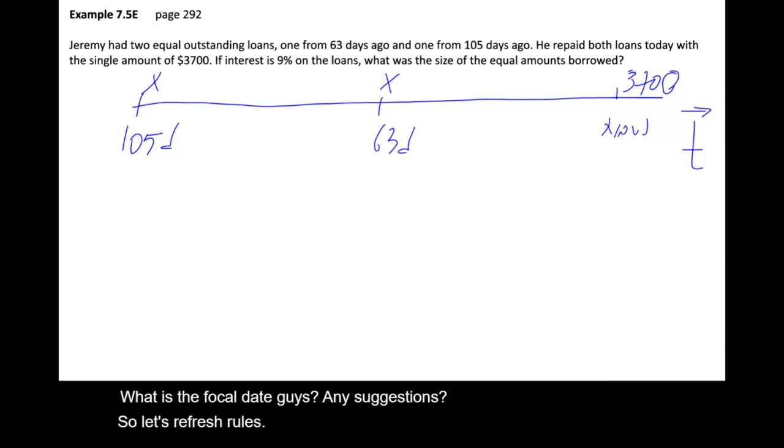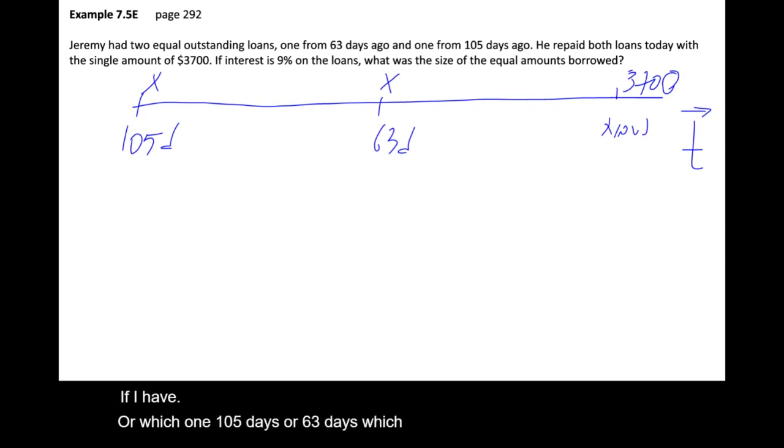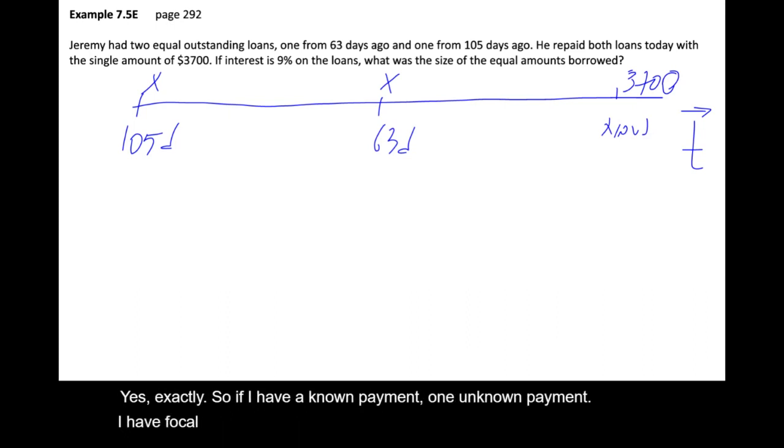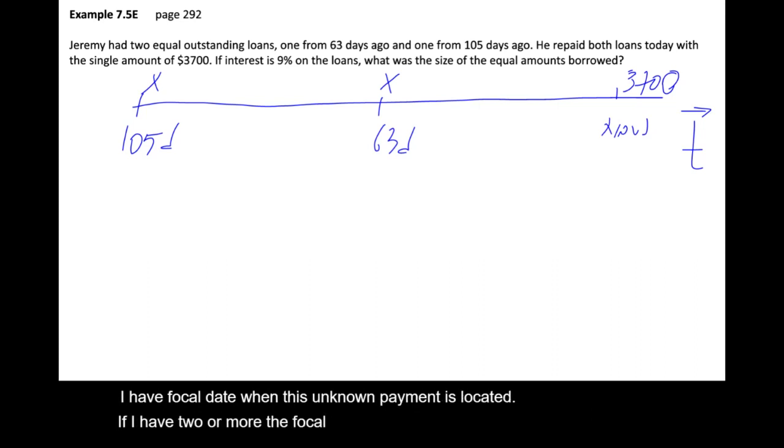If I have 105 days or 63 days, which one? Yes, exactly. So if I have one unknown payment, the focal date is where this unknown payment is located. If I have two or more, the focal date is now. So focal date.